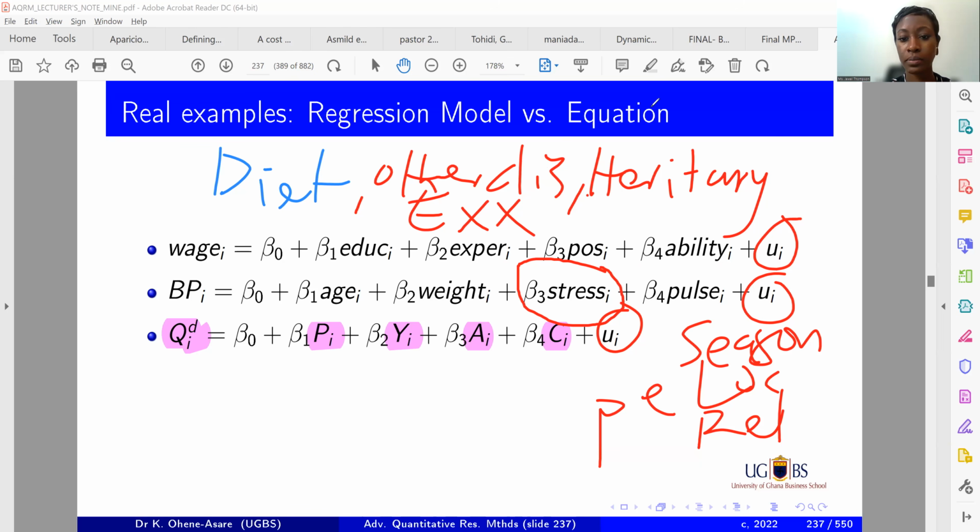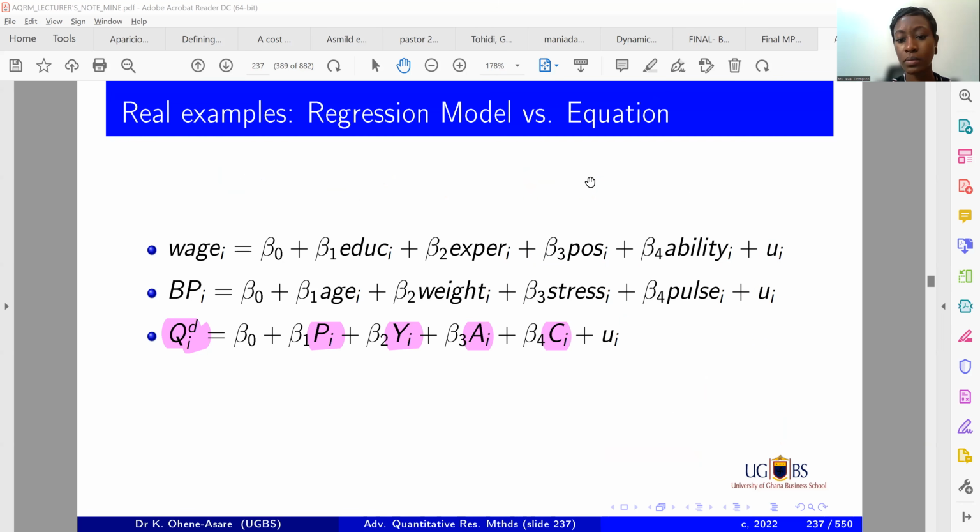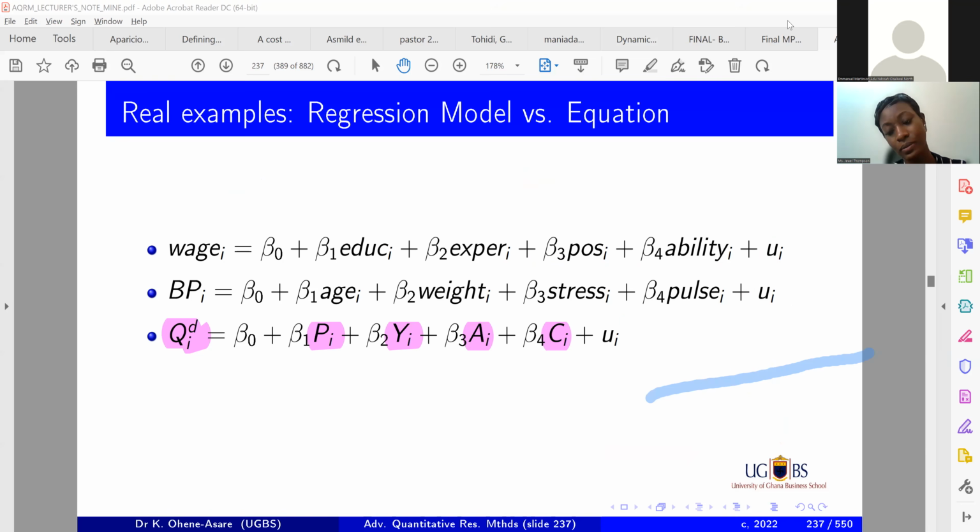So, ladies and gentlemen, these are some of the things when you are doing regression analysis. Your job is to be able to identify relevant factors. Irrelevant factors should not be included at all, because the moment you keep on including irrelevant factors, what happens is that the regression will punish you.